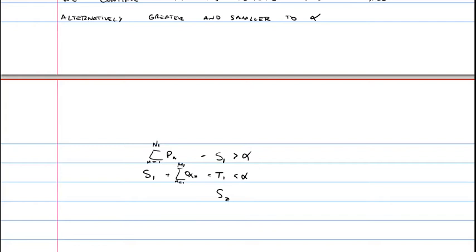Then we're going to have S2 greater than alpha, and it's going to be T1 plus the sum from n equals n1 plus 1 up to n2 of p sub n. Then we're going to have T2 smaller than alpha, and this one will be S2 plus the sum from n equals m1 plus 1 up to m2 of the negative numbers.